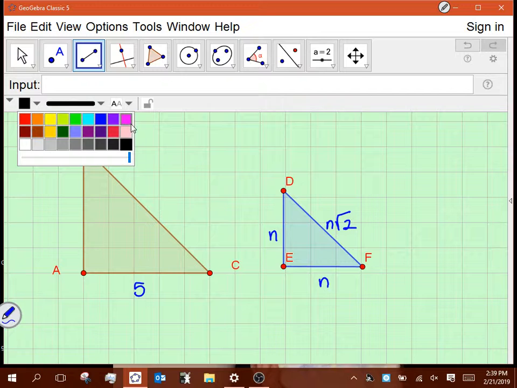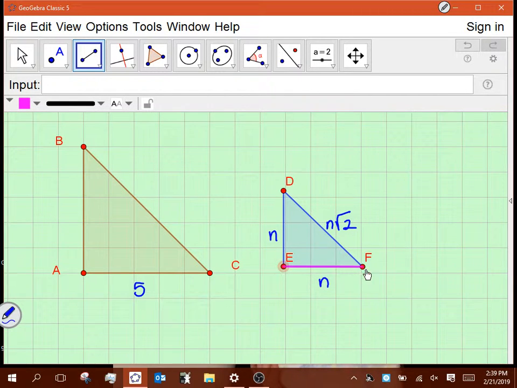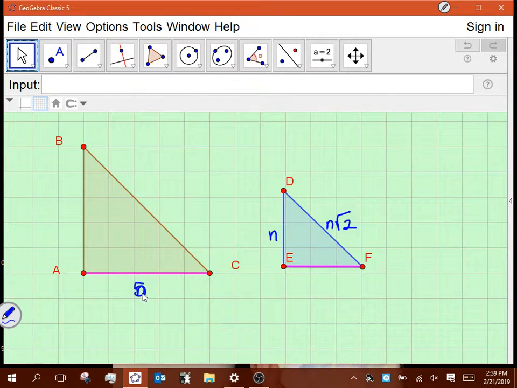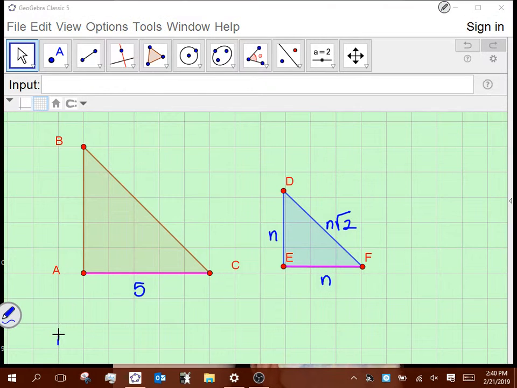that segment right there matches up to that segment right there. Does that make sense? And if they were the same triangle, those two things would be congruent, correct? So does everybody see that n would be congruent to 5? And if I've got two segments that are congruent, their measurements are what? The same. So does that develop the little equation, n equals 5?